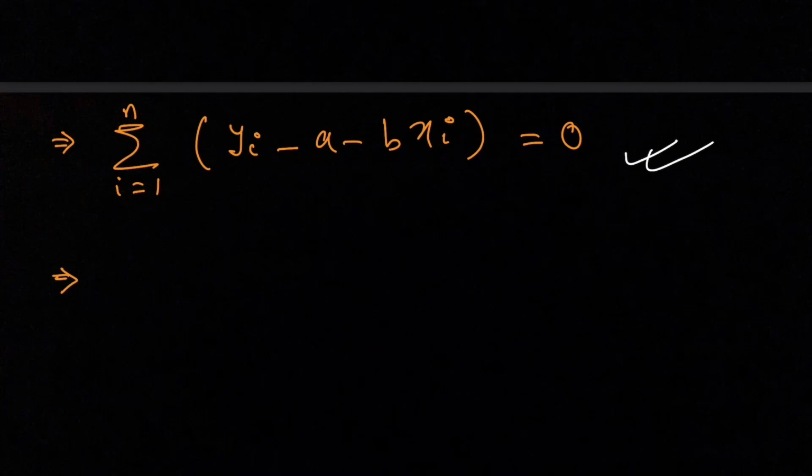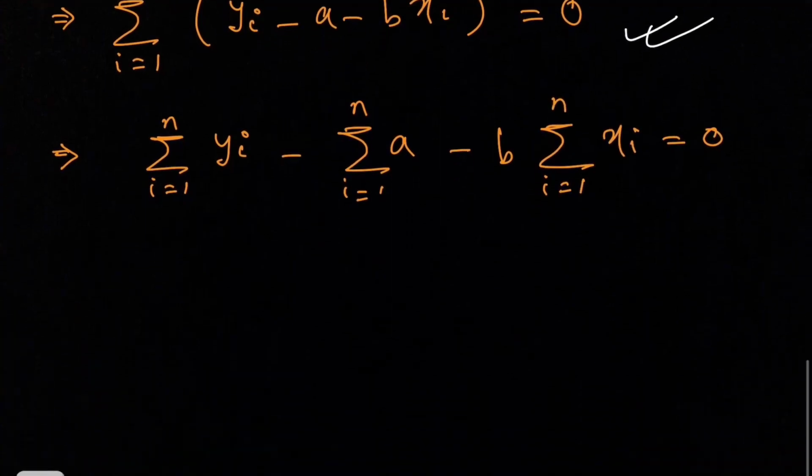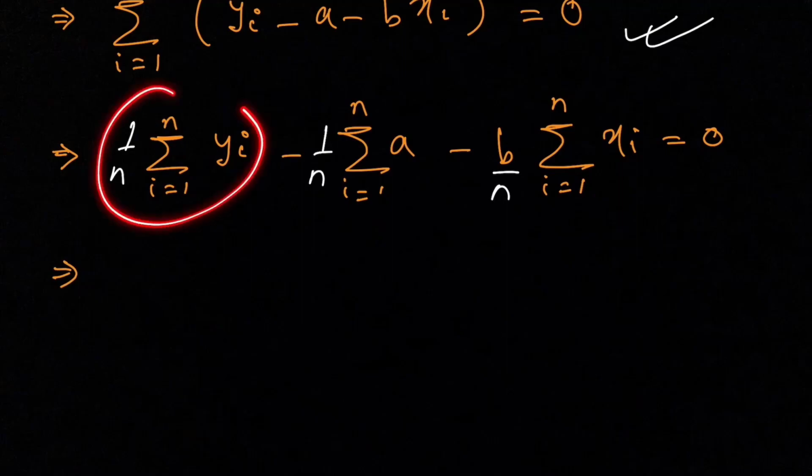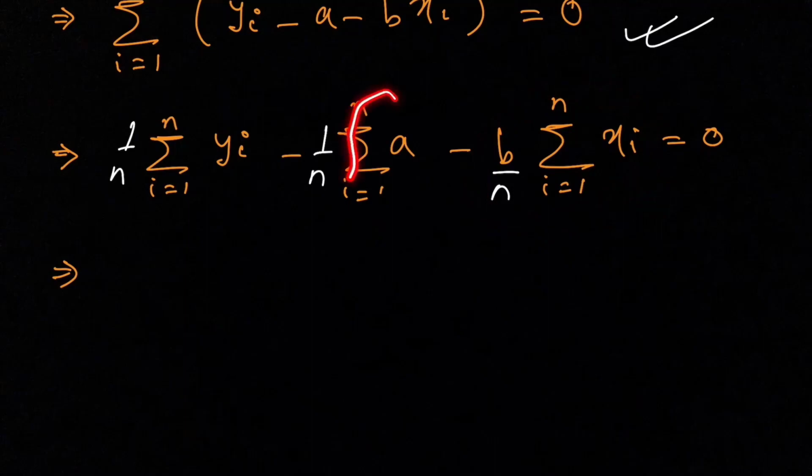Let's just open the brackets. So it becomes summation i is equal to 1 to n yi, minus summation i is equal to 1 to n of a constant, minus b times summation i is equal to 1 to n xi, equal to 0. Let's divide the entire thing by n. So 1 by n, 1 by n, and 1 by n. Now obviously this one is nothing but y bar. This one is nothing but b times x bar, and this is nothing but a constant.